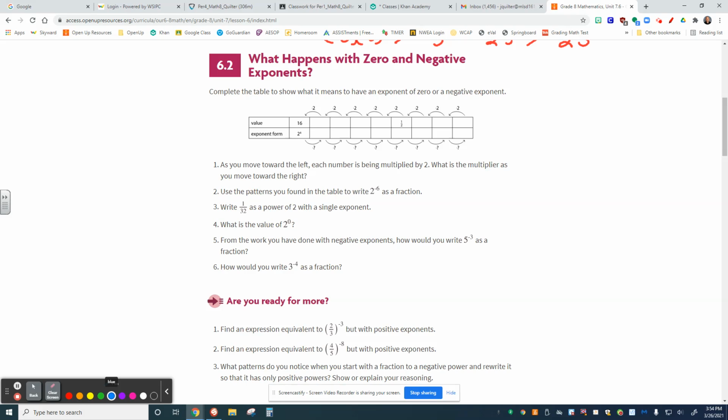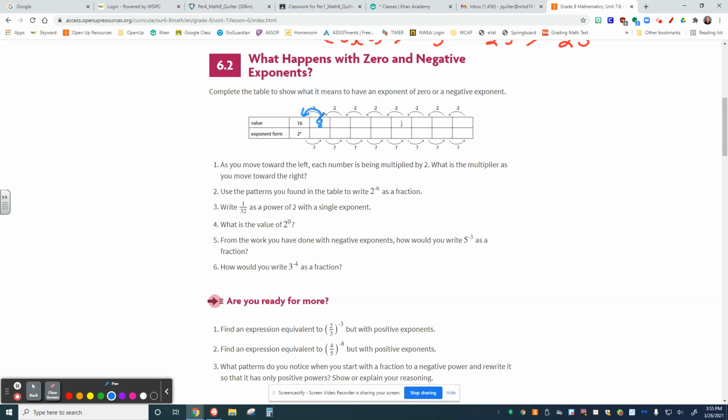So the value of 16, we know that we went from the previous box to this box and we got 16. So we multiplied some unknown number times 2 to get 16. It would make sense that then that number would be half of what it was previously. So with that pattern, as we move toward the left, each number is being multiplied by 2.